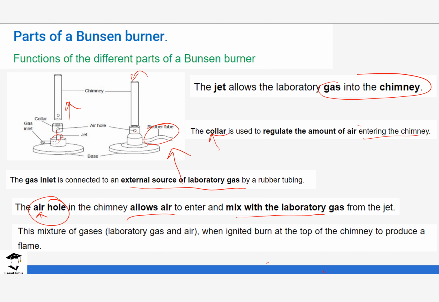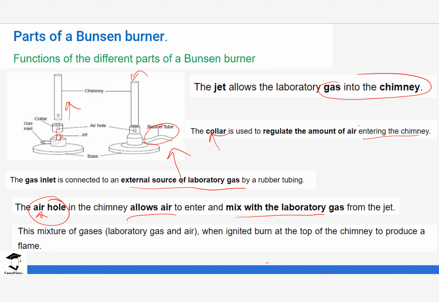We have the air hole that allows air to enter into the chimney, but it's also controlled by the collar. And then when the air and the laboratory gas mix at the chimney, they are ignited at the top and we produce a flame. So later in the next lesson, we are going to look at these flames in detail.